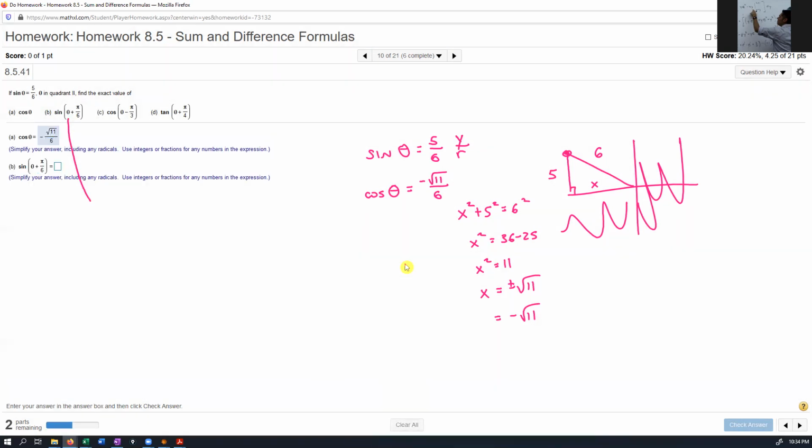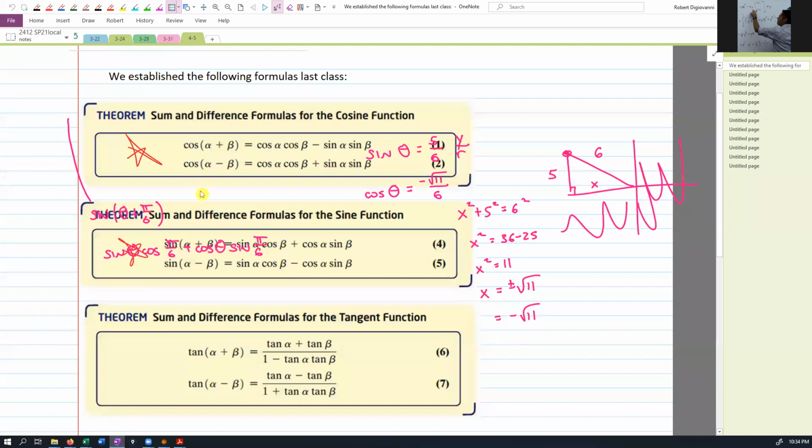Now the next part, what they want you to do here is use your sum and difference formulas. Sine of theta plus pi over 6. The formula for this is sine of theta cosine of pi over 6 plus cosine of theta sine of pi over 6. That's just your sum formula right here.